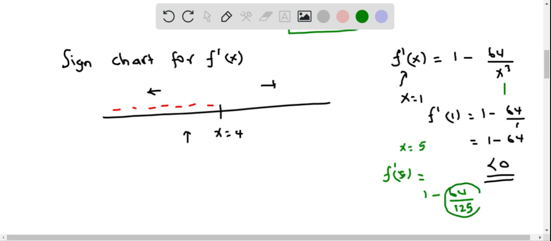And clearly this is going to be less than 1, which is in decimals. So if this is less than 1 and we subtract this from 1, this is going to be a positive quantity. So to the right of x equal to 4, we see that the sign of f prime of x is positive. And this means whenever the first derivative is negative, we see that the function is decreasing.